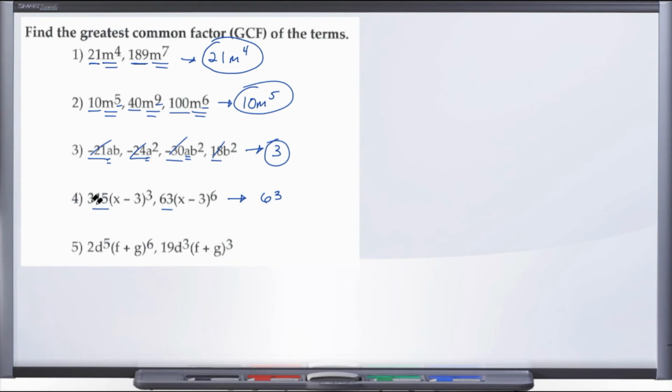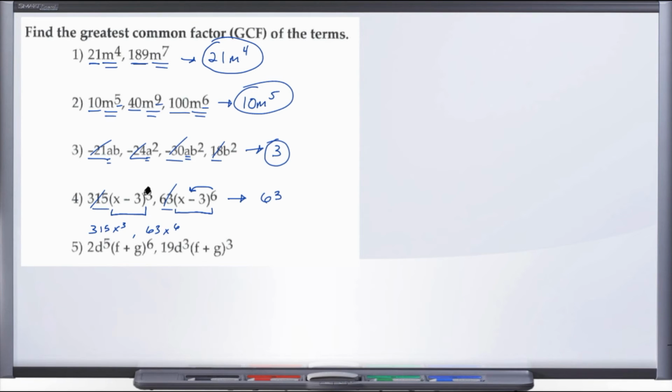And now, since we've dealt with our coefficient, we're going to move on to the power portion. Because we are dealing with a power that is being raised with something in parentheses here, you can really think of this quantity, this x minus 3, as a single term. So this would be no different than saying 315 x to the 3rd and then 63 x to the 6th.